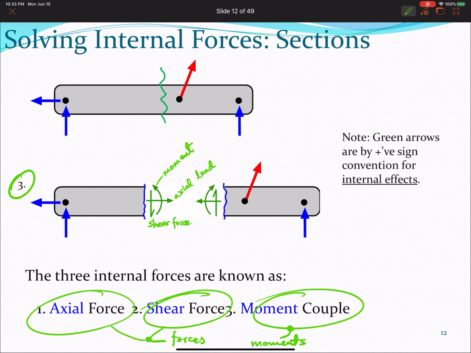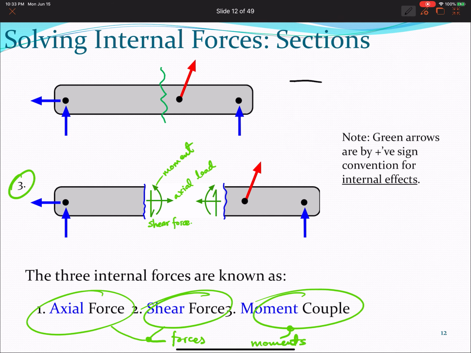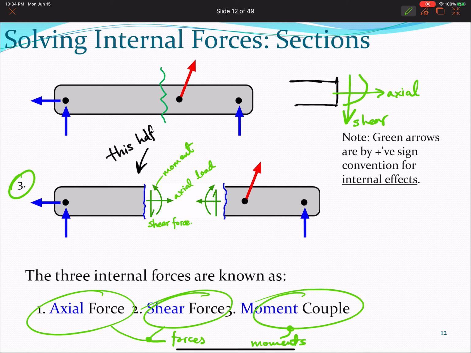Now, see how I drew them, right? For example, I'm looking at this half, and I'm going to kind of repeat that half here. The fact that I drew the internal forces going this way, the shear force, the axial load coming up like this, and the moment coming this way is no coincidence, right?